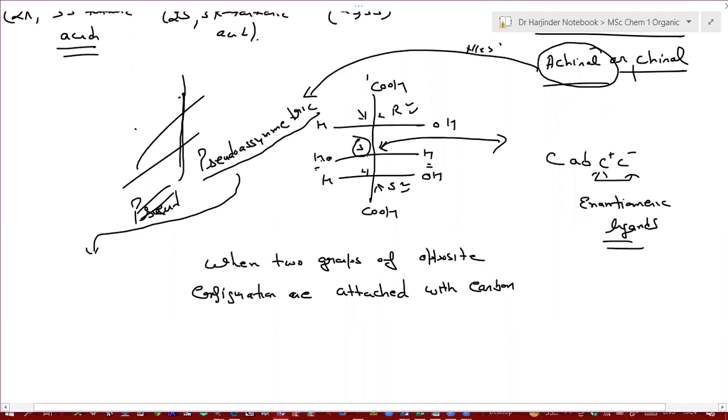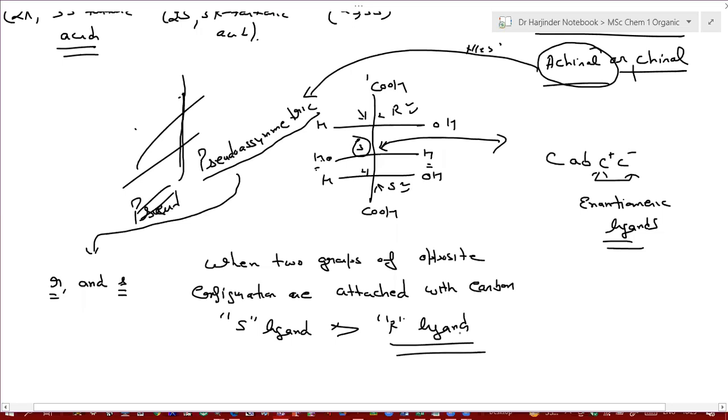In that case, you assign absolute configuration by using small r and small s. And while assigning configuration to a pseudo-asymmetric carbon, the S group or S ligand is given preference over the ligand with R configuration.